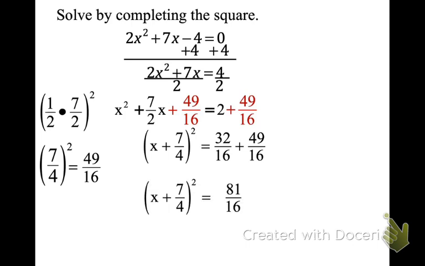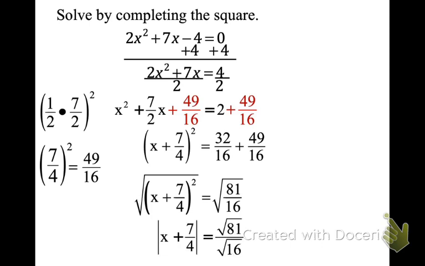Now I'm ready to root both sides. I'm really liking this because I like the numbers 81 and 16. They're perfect squares. So I get the absolute value of x plus 7/4 is equal to 9/4. And to lose the absolute value, I have to set it equal to positive or negative 9/4.